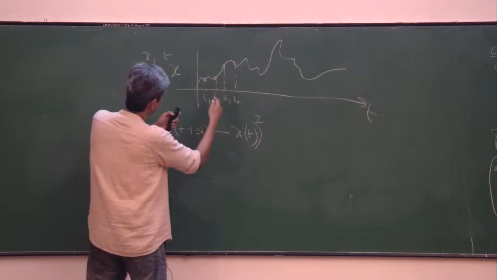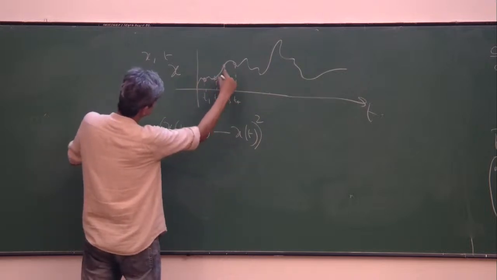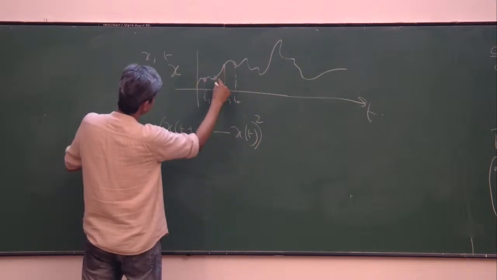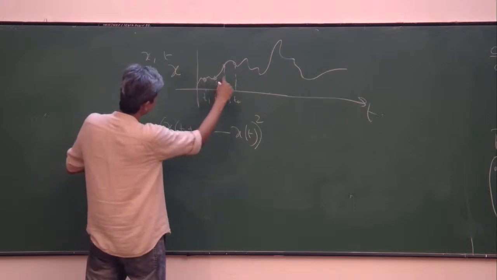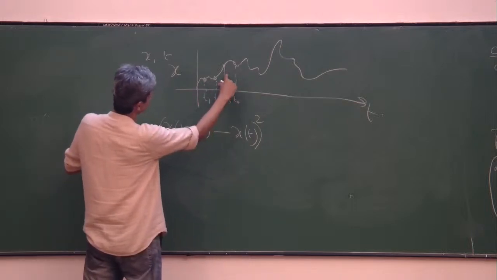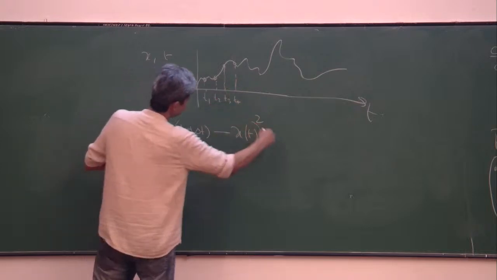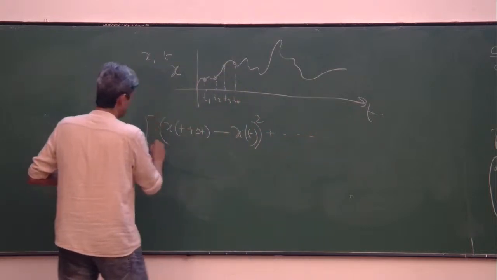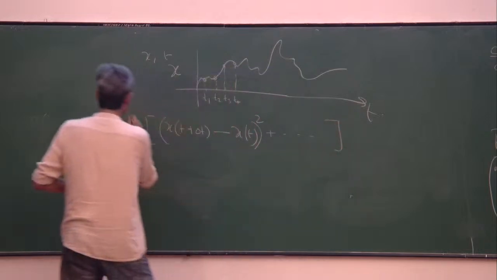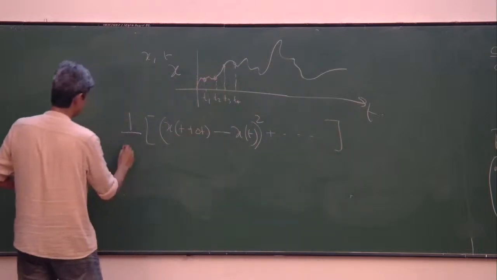Now you take the successive differences, you take the next 2 points. So you took the difference between 2 and 1 and squared, and now you take the difference between 3 and 2 squared, 4 and 3, and in this way you keep on summing. And then you divide it by the number of pairs.